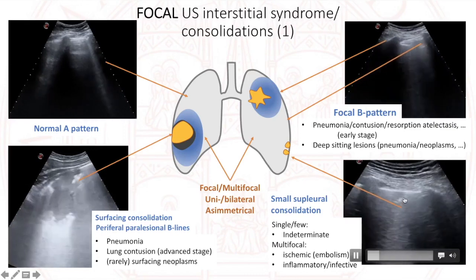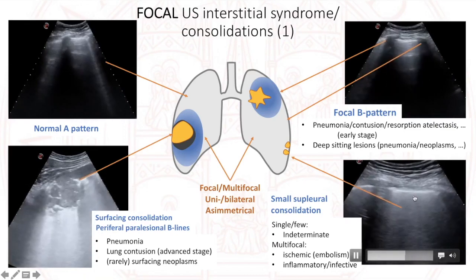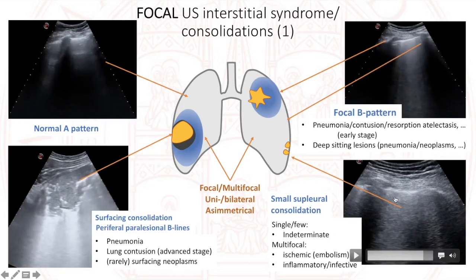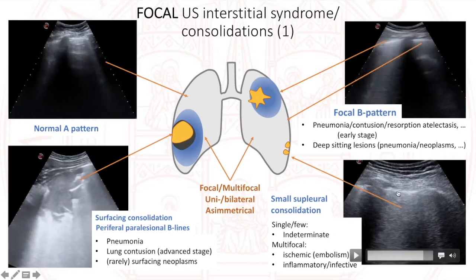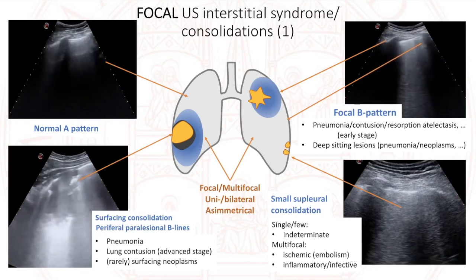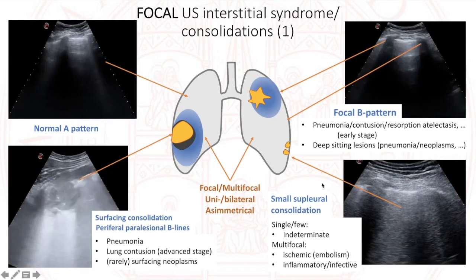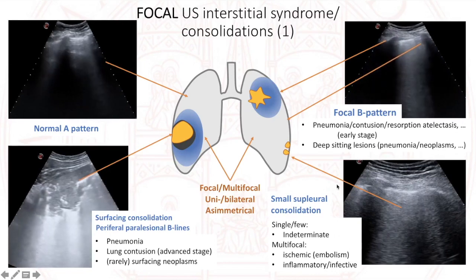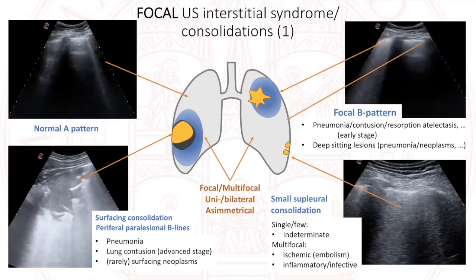You see here some small subpleural consolidations. These are signs of another pathology happening, but they are absolutely not specific of any one. They could happen in embolism or inflammatory diseases and so on.